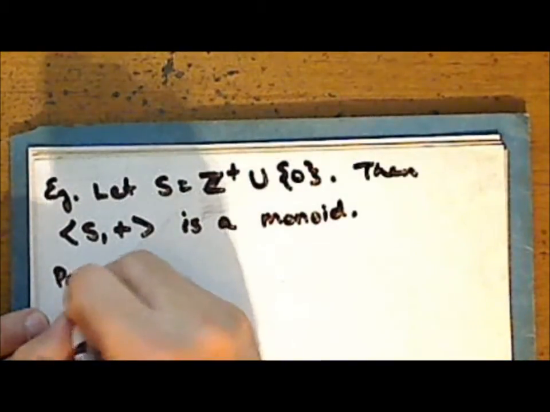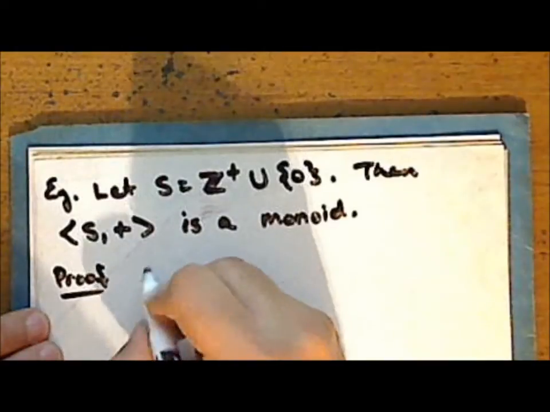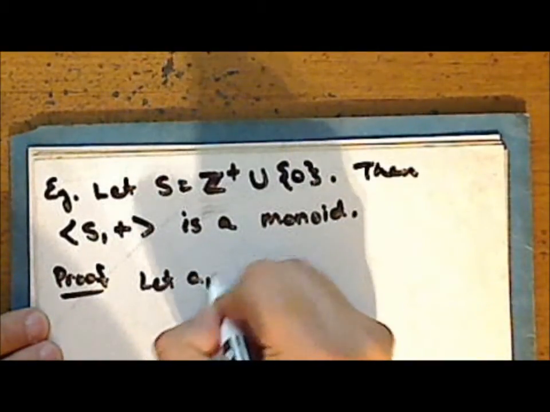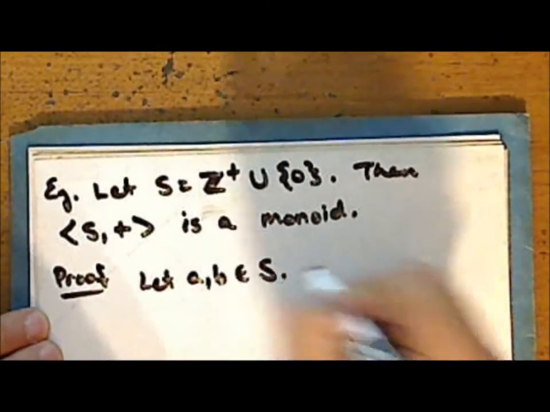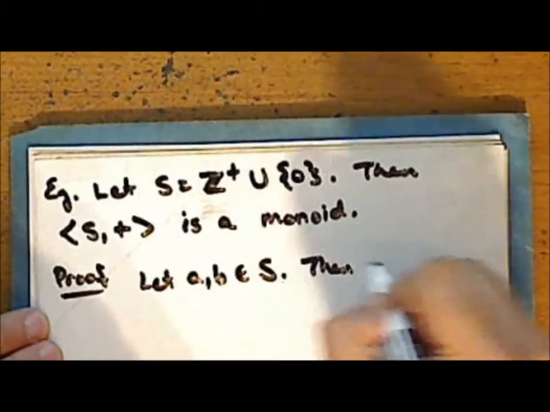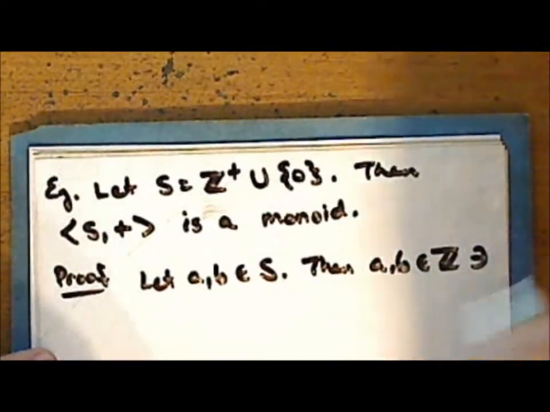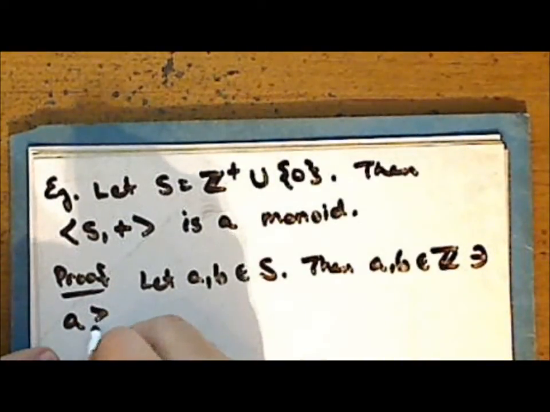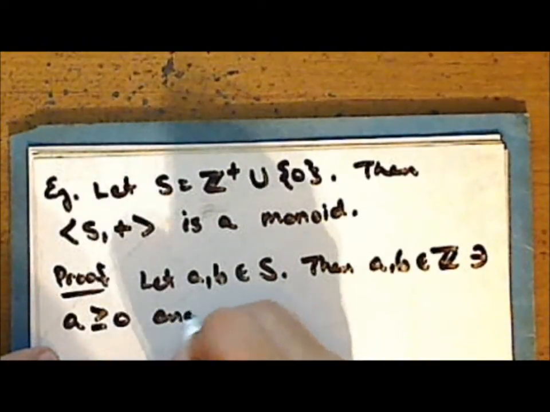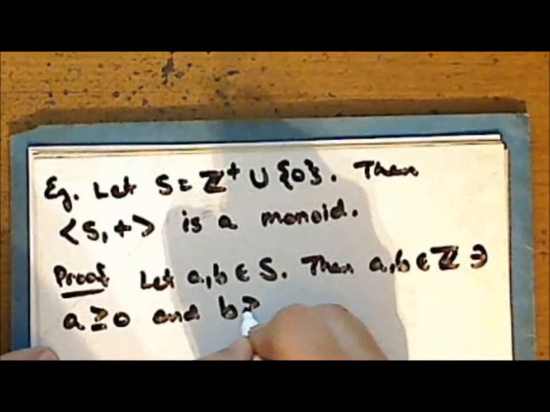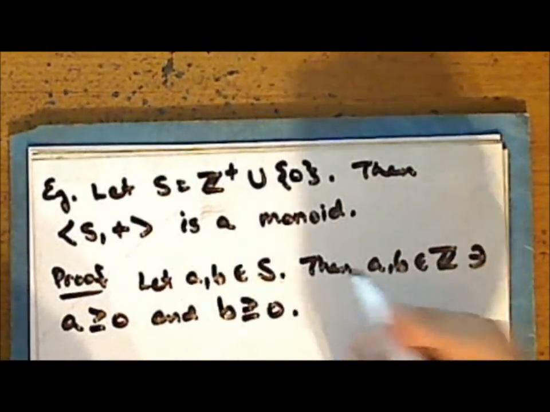So proof. Let A and B be elements in the set S. Then A and B are integers such that A is greater than or equal to 0 and B is greater than or equal to 0.